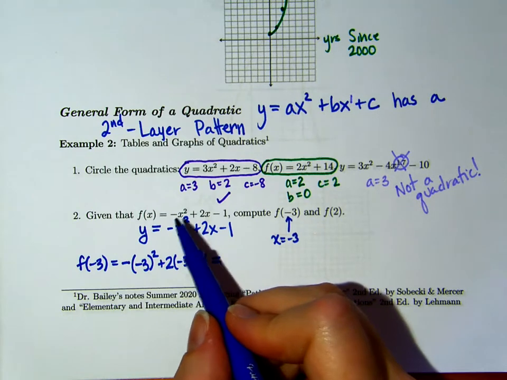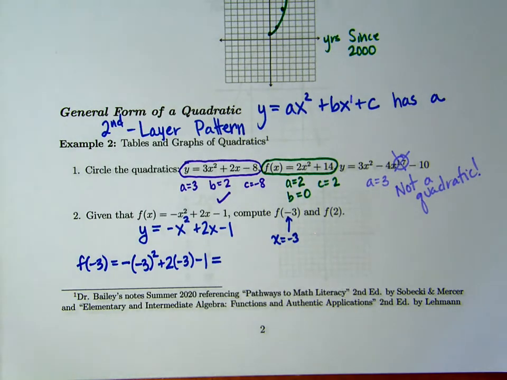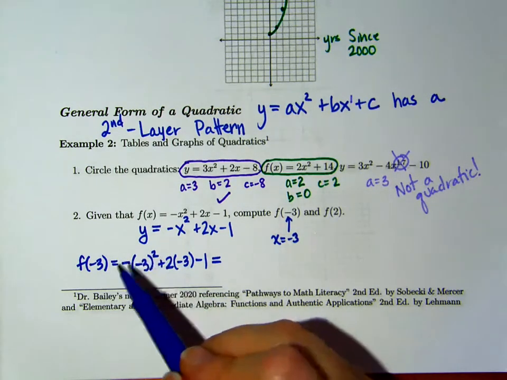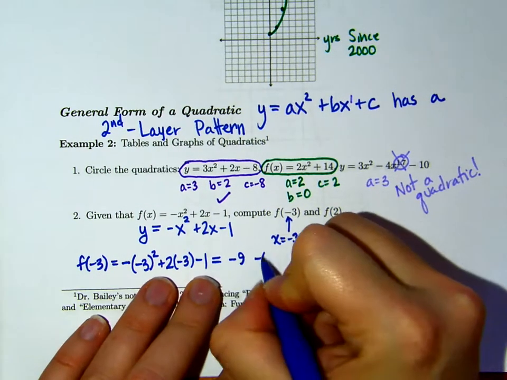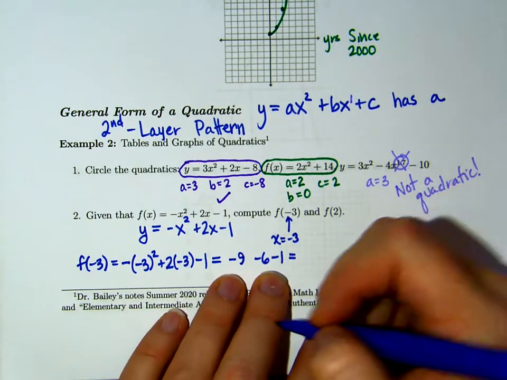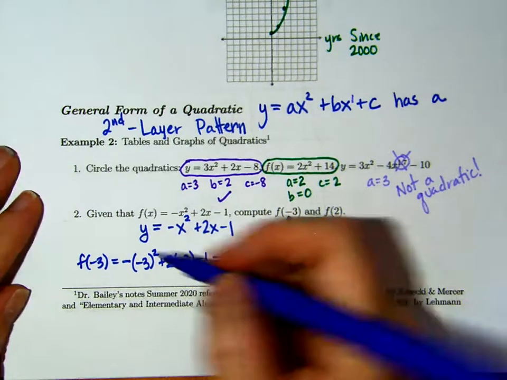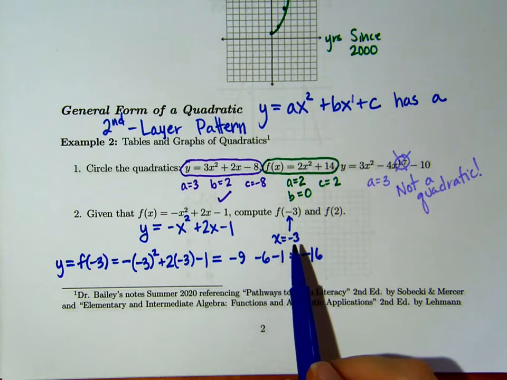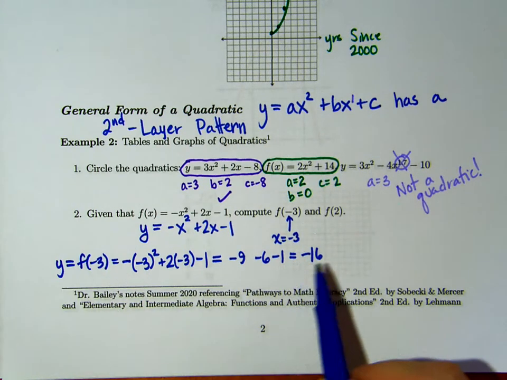The order of operations says do the exponent first, then take the opposite because that's multiplication. So exponent first, that's 9. This is negative 9. Negative 9 minus 6 minus 1. What is that, negative 16? Okay, so when x equals negative 3, f of negative 3 says y is negative 16.